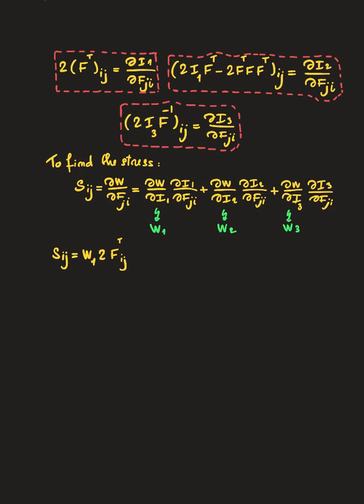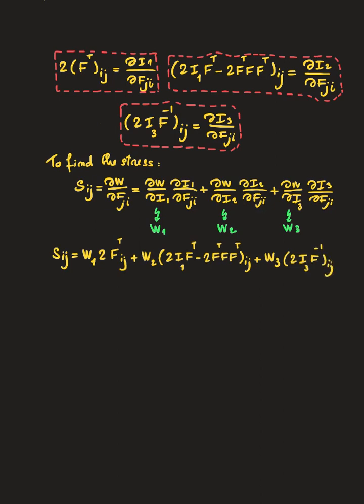And then plus W2 that factors all that tensor there, 2 I1 F transpose minus 2 F transpose F transpose component Ij. And then plus W3 times the derivative of the last term, which is equal to the Ij component of this.